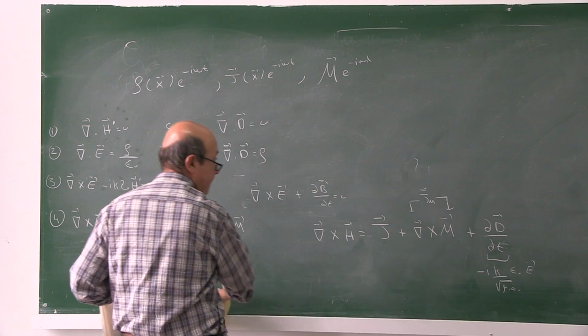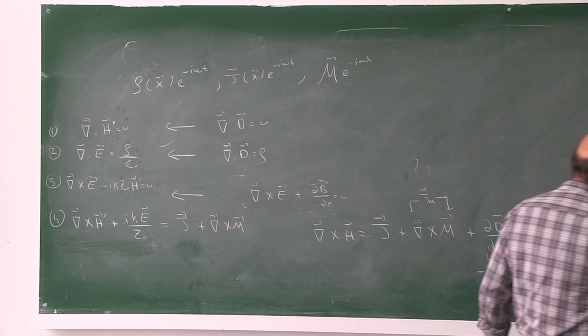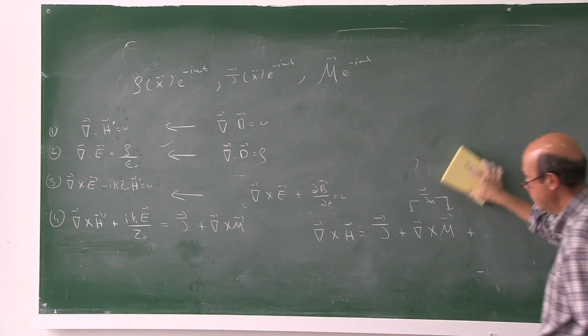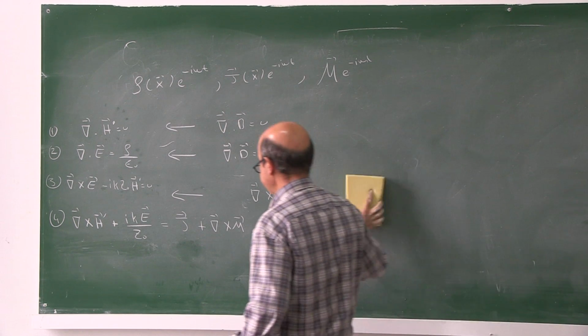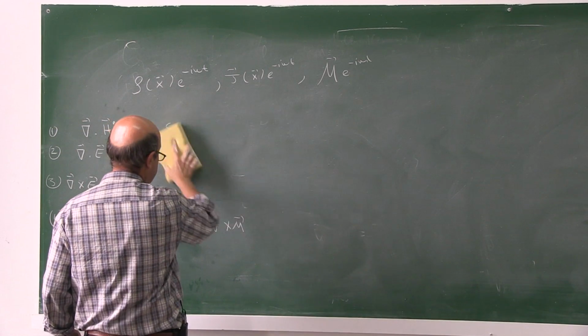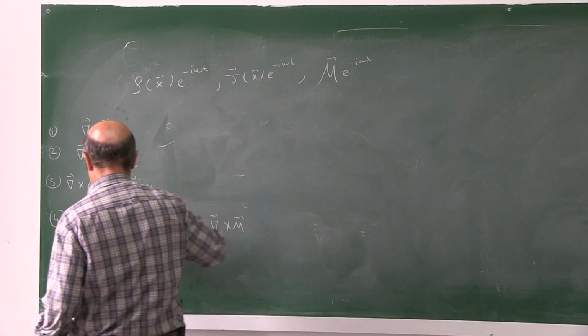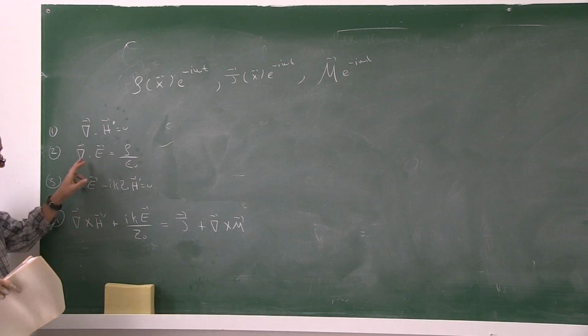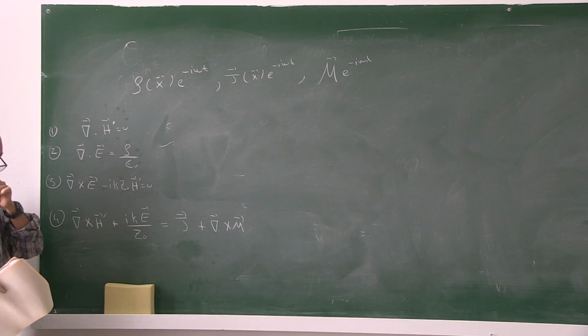Now I can erase the old stuff here and let us start to derive the wave equation again. The problem here is that del dot E is not equal to 0.